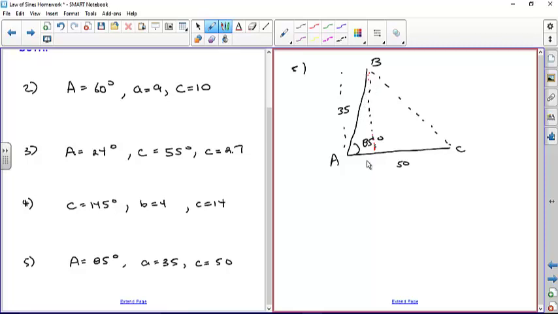Okay, let's make sure I got this right here. Oh, that's not, well, yeah, that's not. So this opposite side has to be 35. So this is 35. The question is, you know, if this were 50.